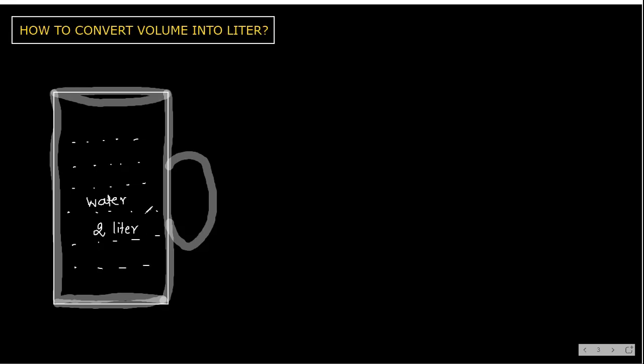So see here, the measurement for this is 1 liter. 1 liter is equal to 1000 centimeter cube.